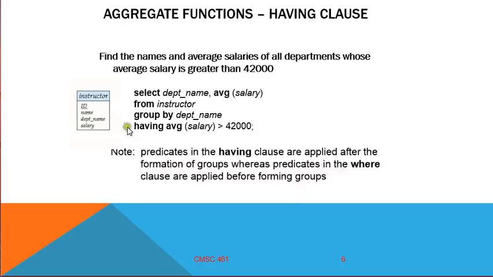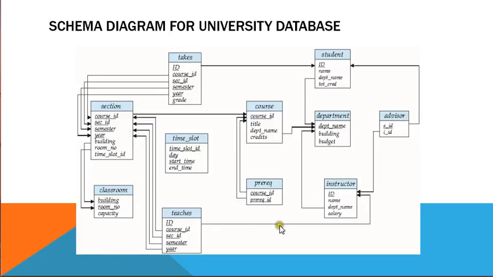If we look at our schema overall, for department, there is no salary field. Departments don't have salaries. Students don't have salaries that we're interested in. Courses don't have salaries.